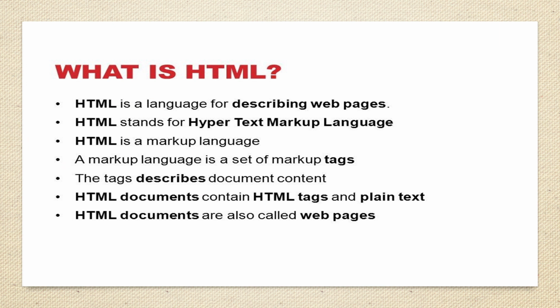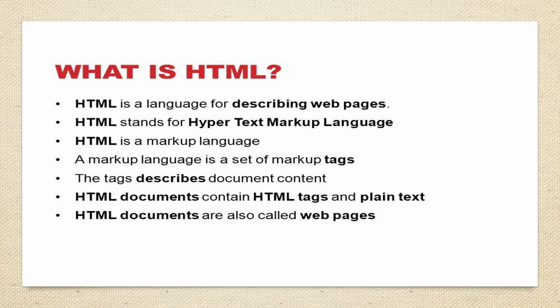What is HTML? HTML is a language for describing web pages. So if you want to create a web page, you use HTML. HTML stands for Hypertext Markup Language. A markup language is basically said so if you use tags in your code. HTML is a markup language.